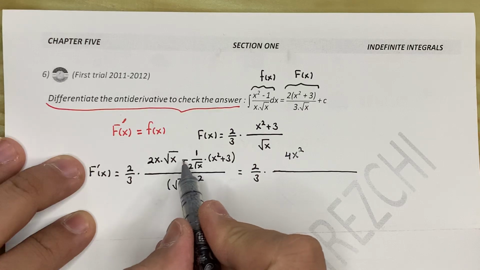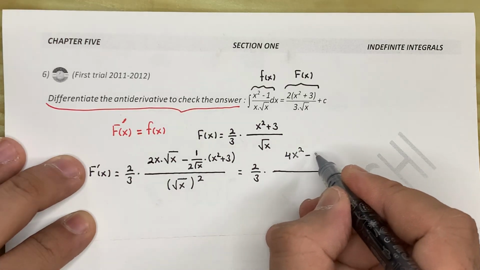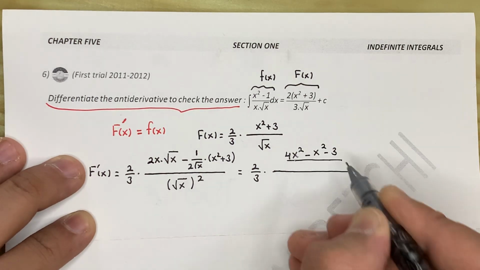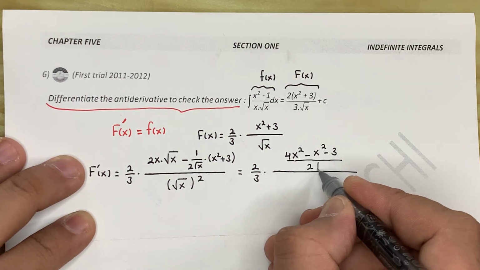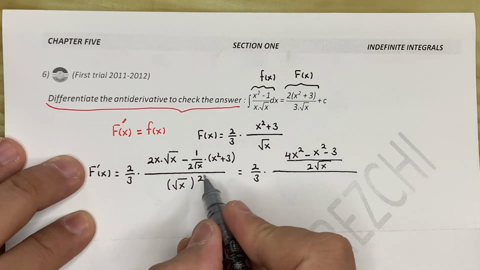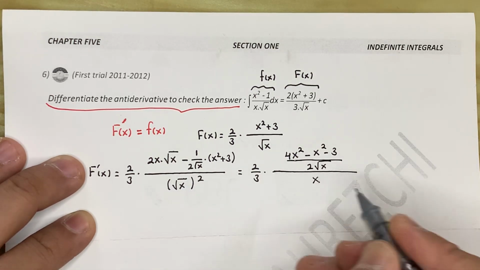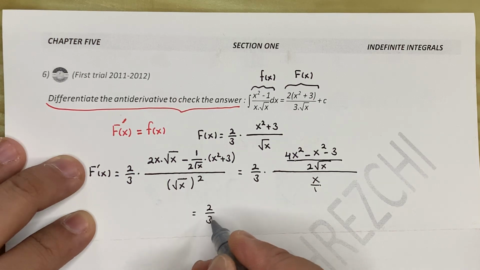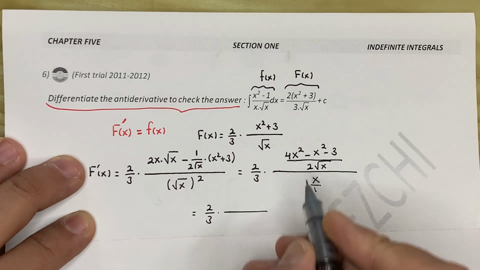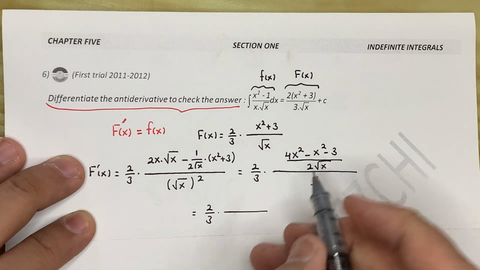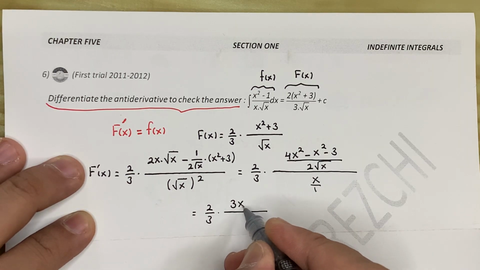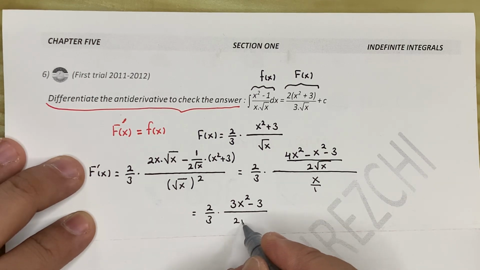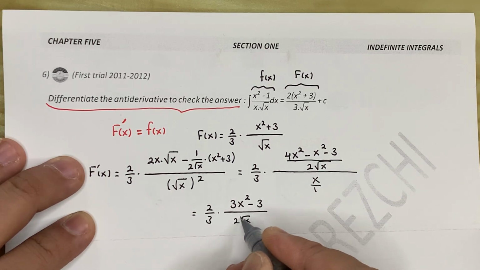Now negative 1 times the bracket, negative x squared minus 3, divided by the common denominator 2 square root of x, over what? This with this cancelled, it will be x. Now 2 over 3 times 4x squared minus x squared, of course 3x squared minus 3 over 2 square root of x, 2 square root of x.